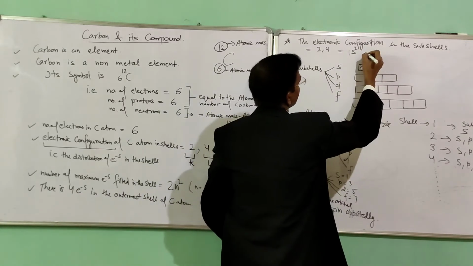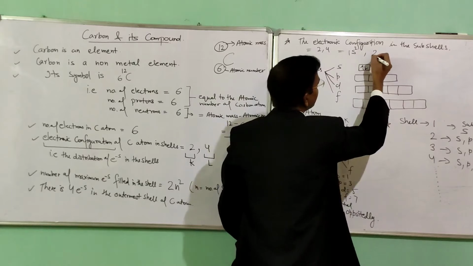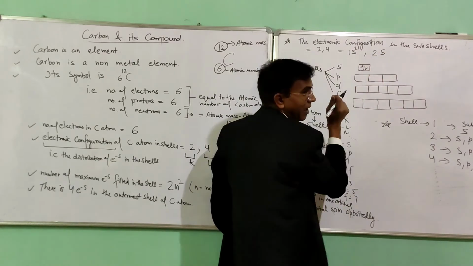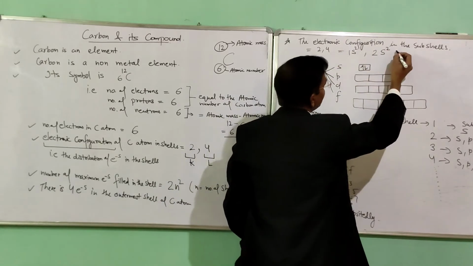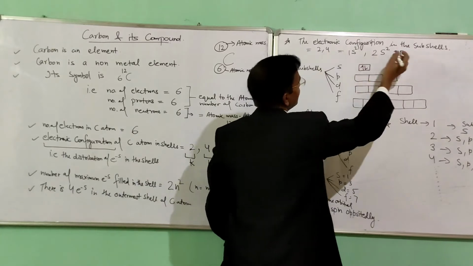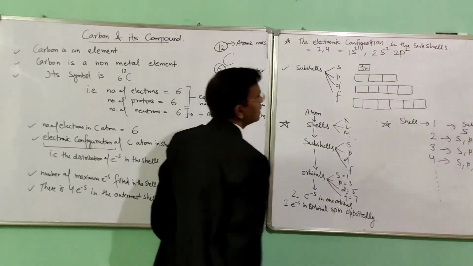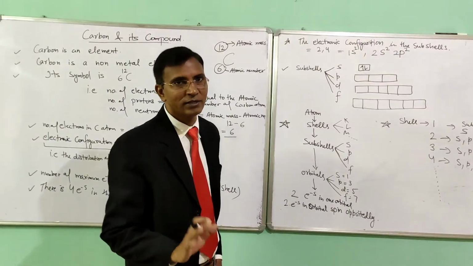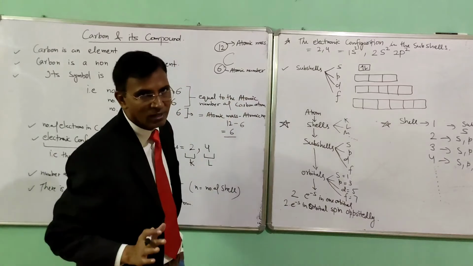Next is the second shell. The first electrons go in the S, 2s2 fulfilled. Now next is P, 2p, with 2 remaining, so 2, 4, 6 electrons of the carbon atom have been fulfilled. So this is the electronic configuration in the subshells.